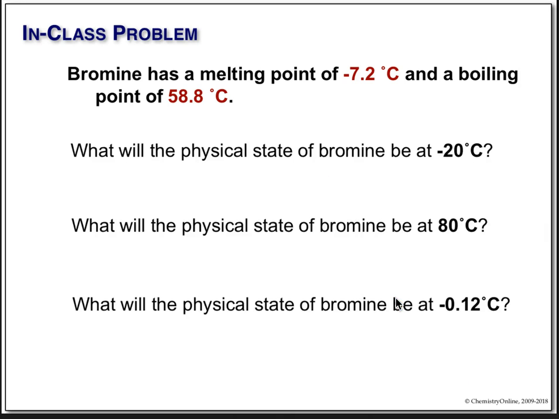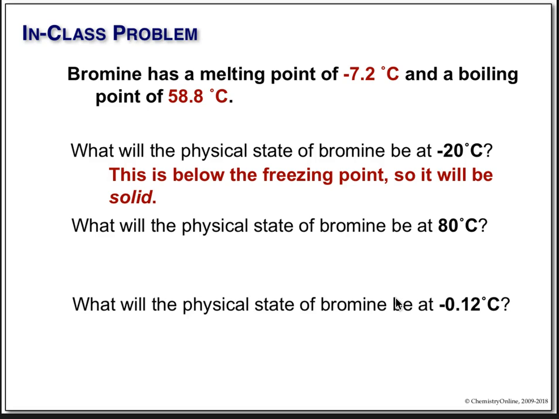What will it be at minus 20? Well, the melting point is minus 7, right? That's going from solid bromine to liquid. So minus 20 is less than that, so it's a solid. If we take it up to 80 degrees, at 58, that's the boiling point of bromine.